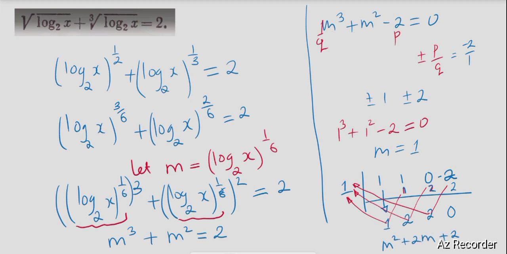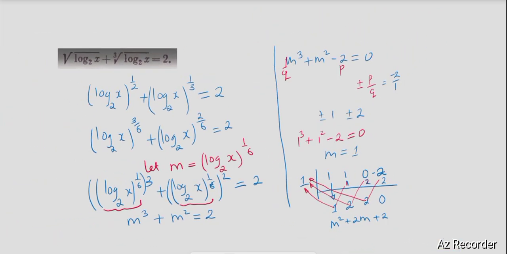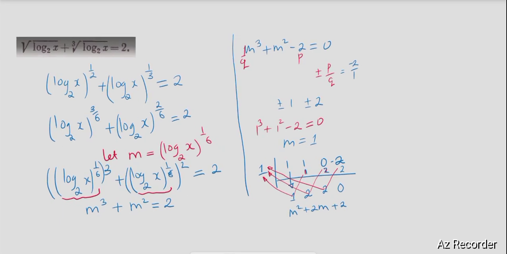Now we are going to factorize this further so that we are going to get the remaining roots of the equation. Okay. Now our next step is to factorize m squared plus 2m plus 2 is equals to 0. But if we check this properly by looking for the discriminant of this quadratic equation, we are going to realize that it's going to be a negative. So that is b squared minus 4ac.